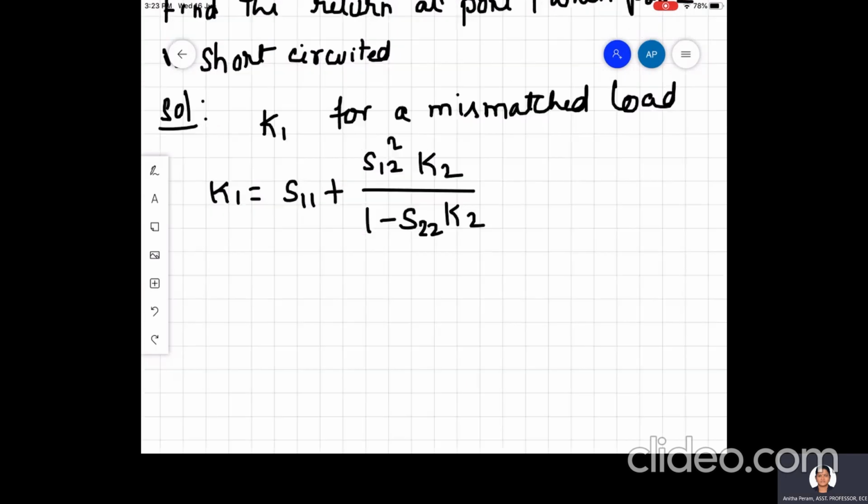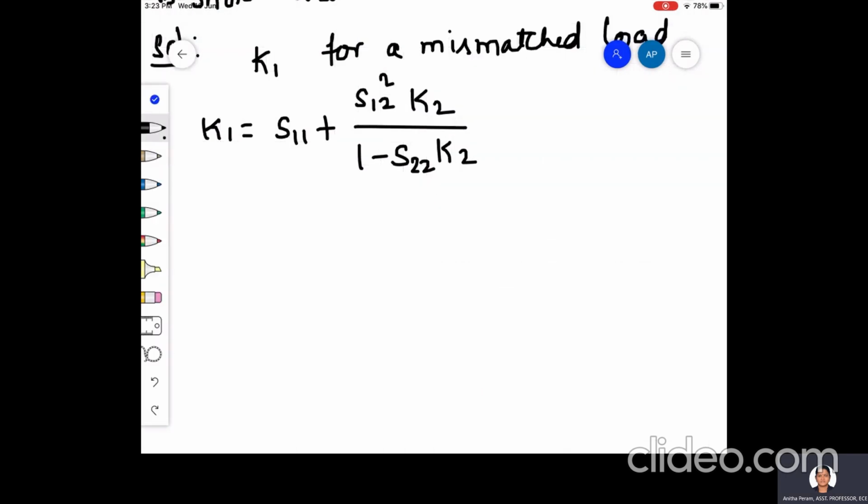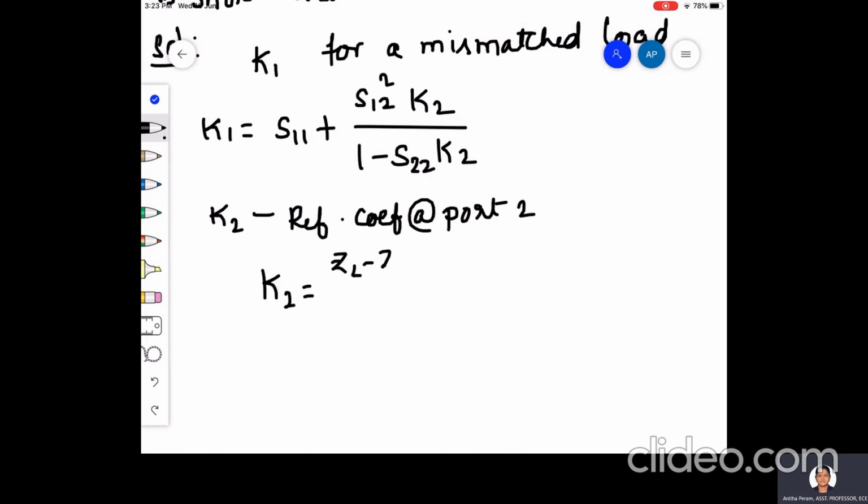So to find the reflection coefficient at port 1, first find S11, S12 and S22 from the matrix. To evaluate K1, you need to know K2, which is nothing but the reflection coefficient at port 2. Any reflection coefficient you can express in terms of the load and characteristic impedance as ZL minus Z0 by ZL plus Z0.